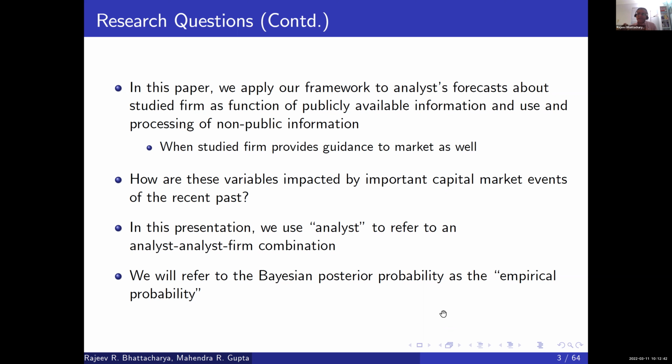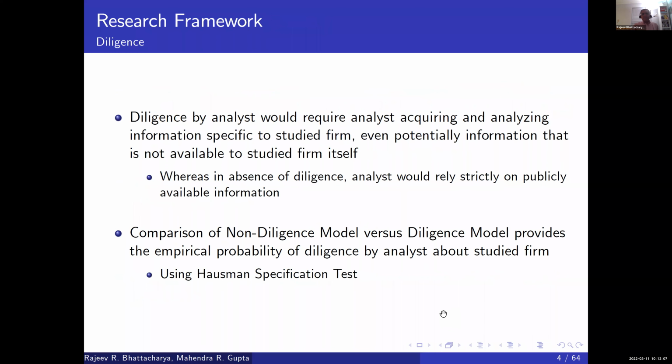I is the studied firm, and all our measures are measured at that IJ level: studied firm, analyst firm combination. So that we don't keep saying it, I'm going to say analyst. Also, we do a lot of Bayesian work, and the Bayesian posterior probability we'll refer to as the empirical probability. No good reason. All right, so what is diligence?